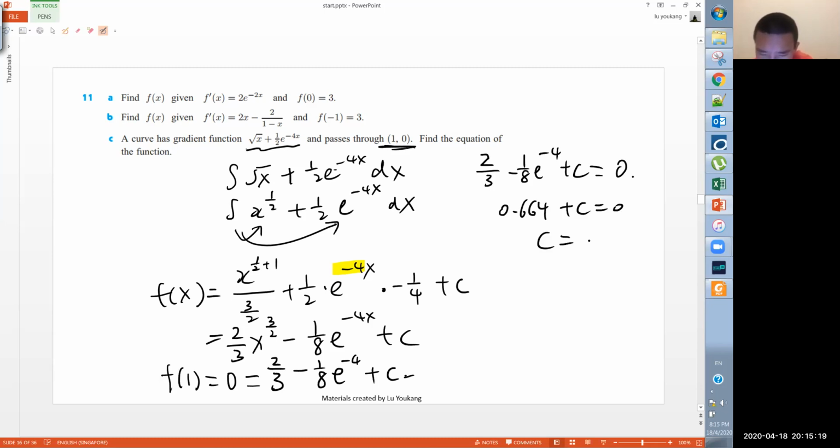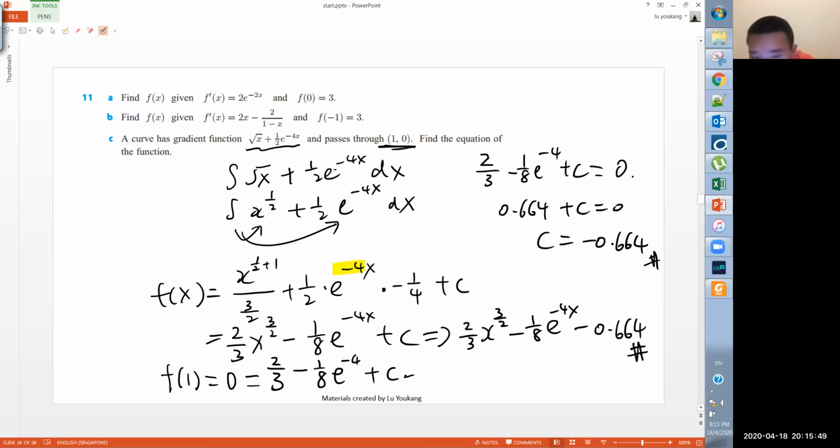So your C is -0.664 to 3 significant figures. Now it says find the equation of the function. So the equation of the function is you put the C back, which is here. So this is the equation of the function.